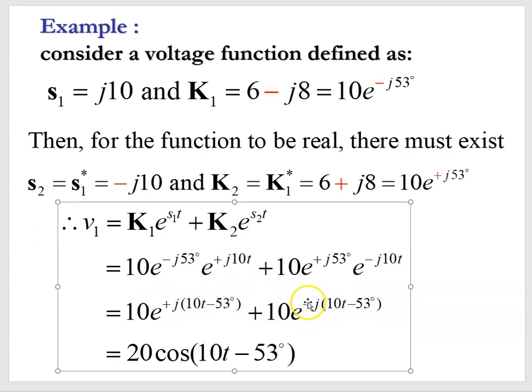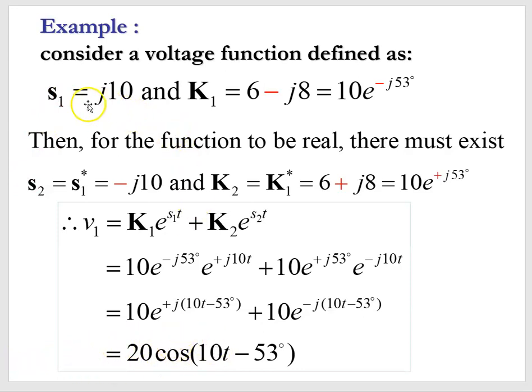So using our Euler's identity, remember, we have the 1/2 when we go in this direction, so we have to multiply by 2. So it's 20 cosine of 10t minus 53 degrees. So if we're given the complex constant and the complex frequency, we can come up with what that real function is in time domain.